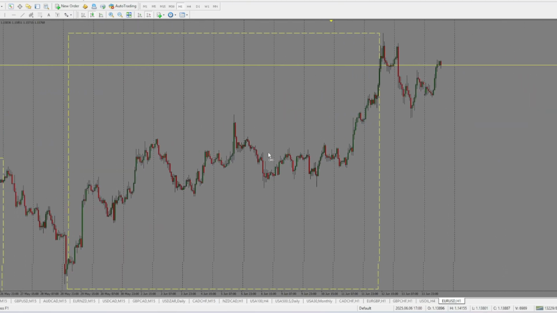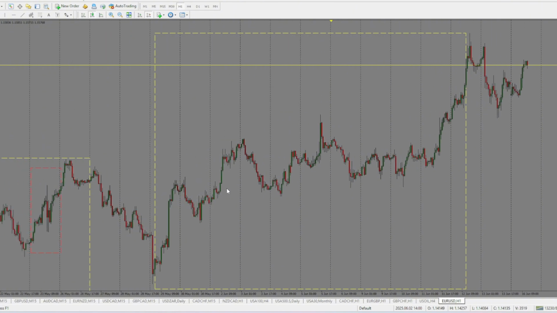So within this particular phase, that is where we now want to verify, as I've told you. We can see that there is the first rise. Then after that first rise, there is the second rise. After that second rise, or impulse 2, higher high, higher low, then the third rise.